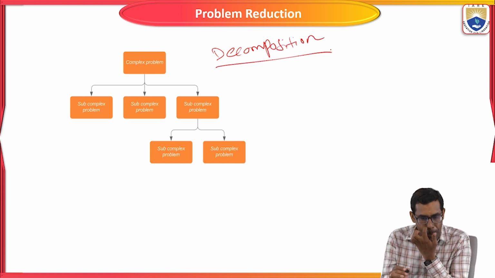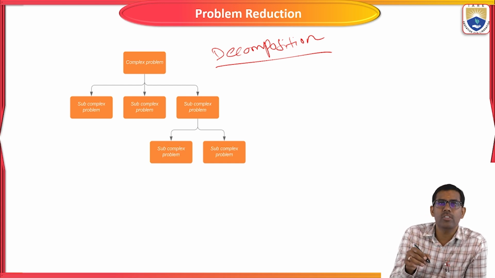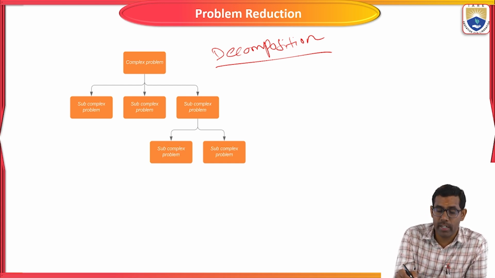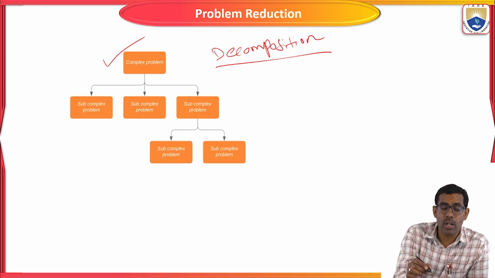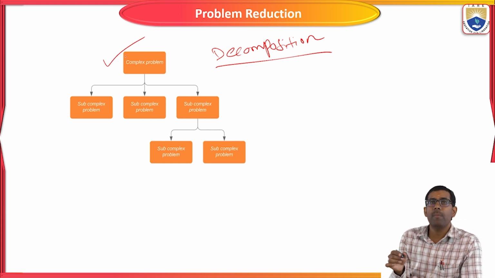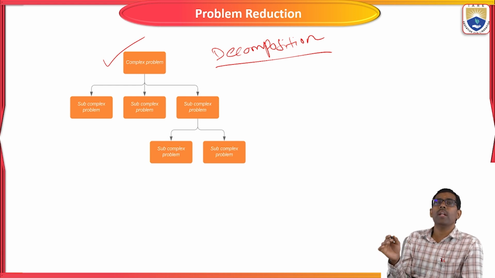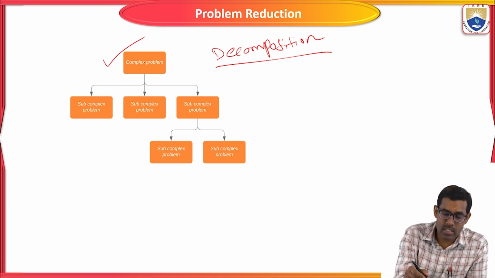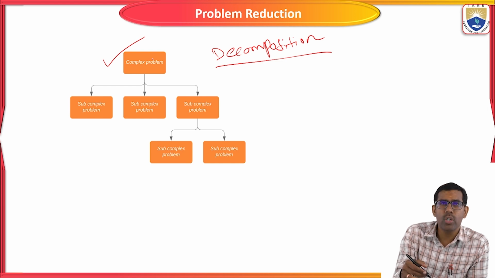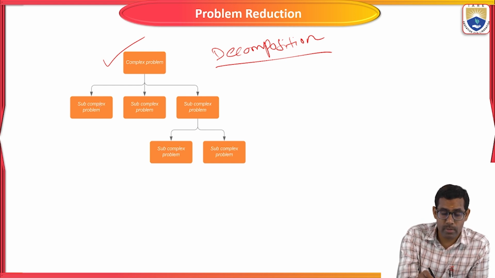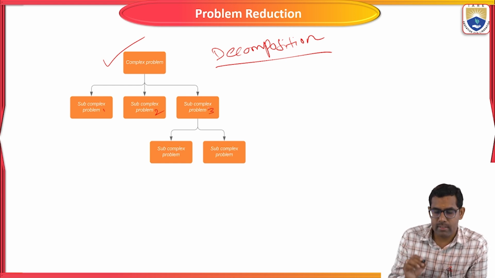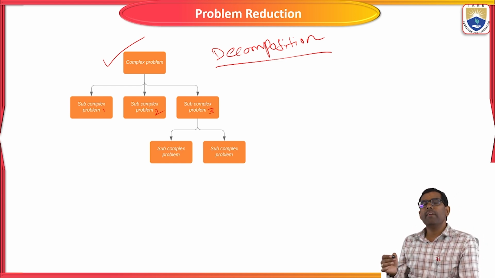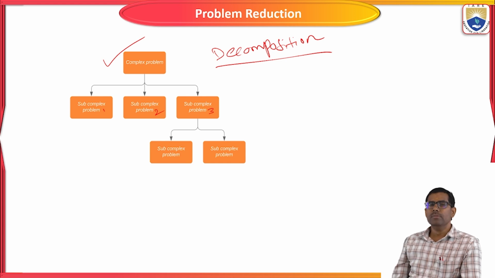Based on this definition, just given this diagram, you can easily understand it. First is the complex problem, and the concept of problem reduction is the process of breaking it down into smaller sub-problems. Here I divide it into a number of sub-problems: sub-problem 1, sub-problem 2, sub-problem 3. So the complex problem is divided into three parts.